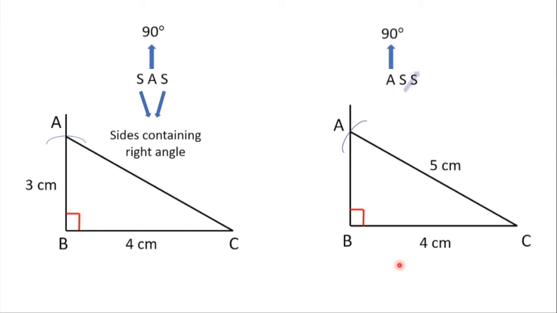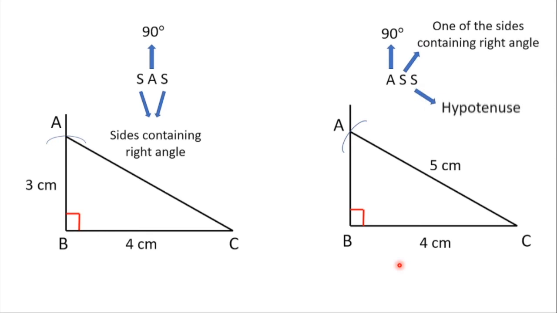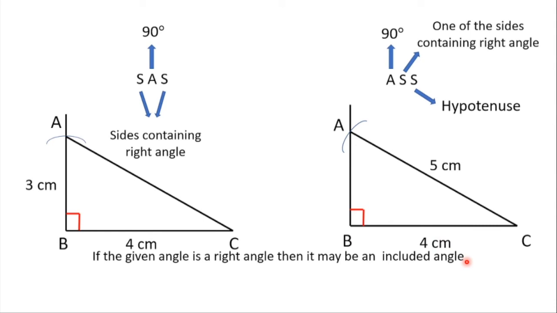Here the angle is 90 degrees and this side is one of the sides containing the right angle and the other side AC is the hypotenuse. So if two sides and not an included angle are given, and the angle is a right angle, then even in such a case we are going to get a unique triangle. So this is what we are trying to understand now.